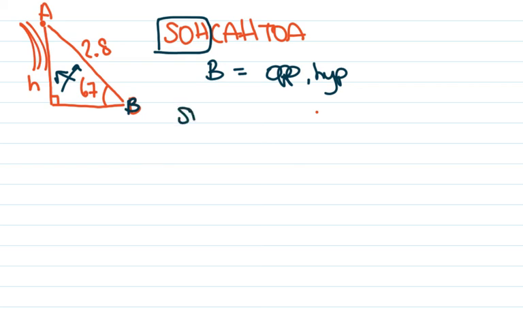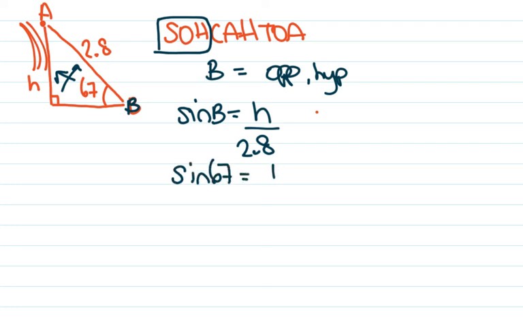So we're going to do sine B equals opposite over hypotenuse. So in this case, the opposite side is the height, and the hypotenuse is 2.8. And angle B is 67 degrees, so I can write that in for B. So sine 67 equals h over 2.8.